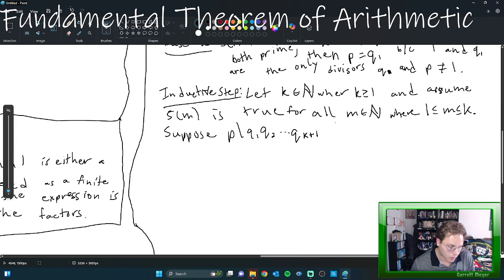of Q1 to Q(k+1), where P, Q1, Q2, ..., Q(k+1) are primes.